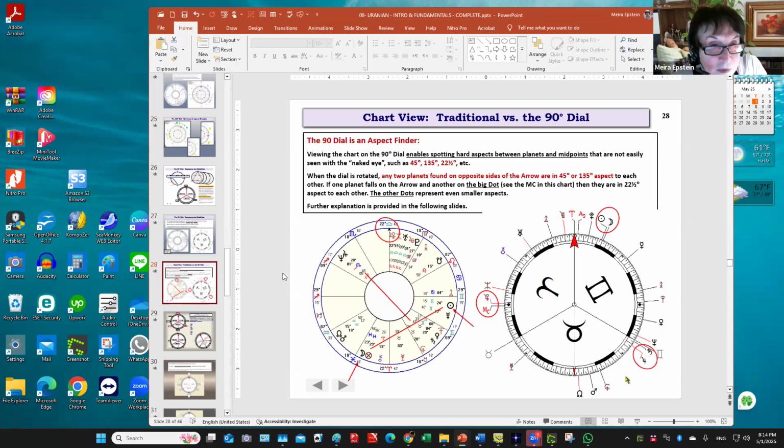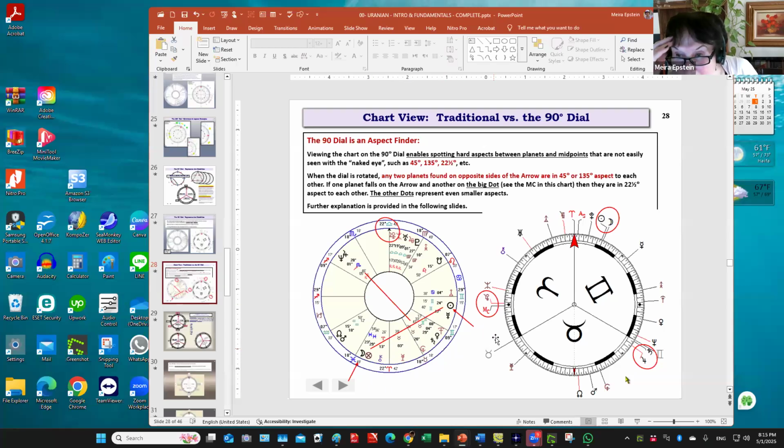You're able to see things even in the regular chart. You see a planet at 22.5 cardinal, any cardinal, connection with the world axis. But of course, you will move to the dial. I'm sure you will. But it's nice to be able to use the knowledge even without the details of the tool.